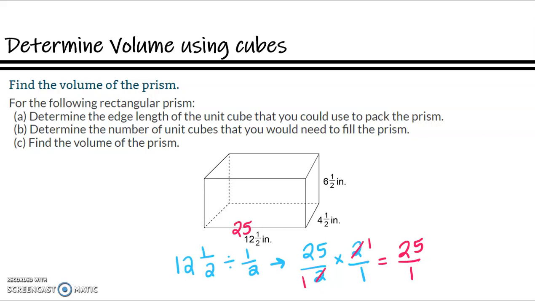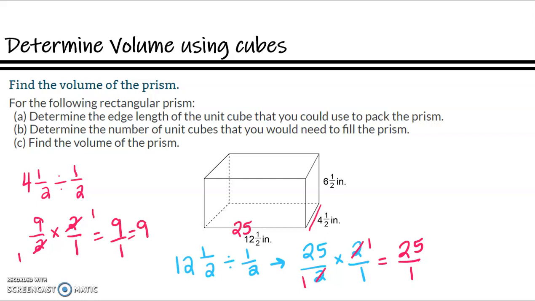Now I'm going to figure out how far back it goes. So I'm going to do 4.5 divided by 1/2 cubes. That's going to be 9/2 times 2/1. Again, my 2's cancel, and I'm left with 9/1, which means 9 cubes go back.